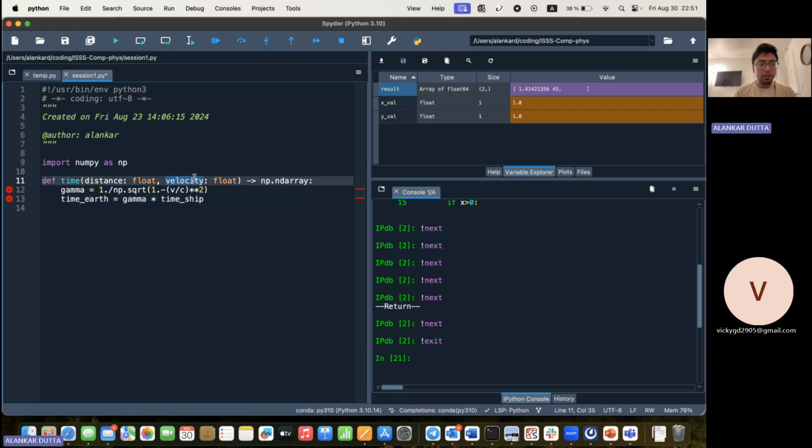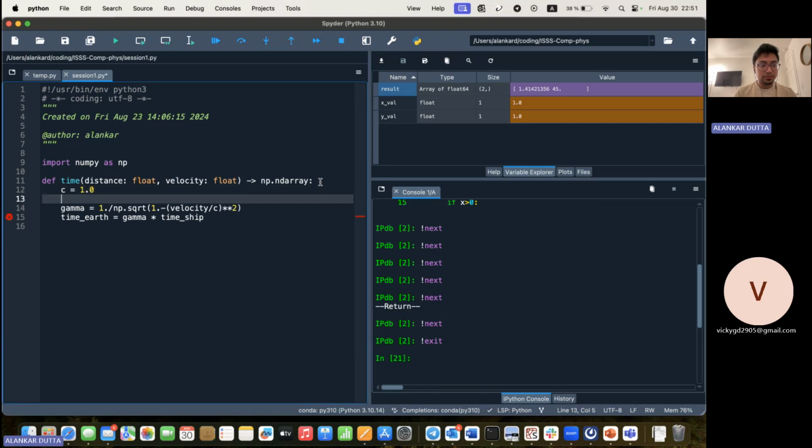Now c is taken to be 1 because velocity is in units of light speed. This value is only different from 1 for velocities which are very close to the speed of light.